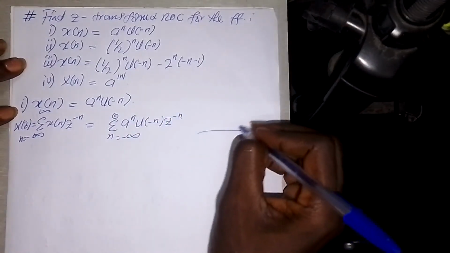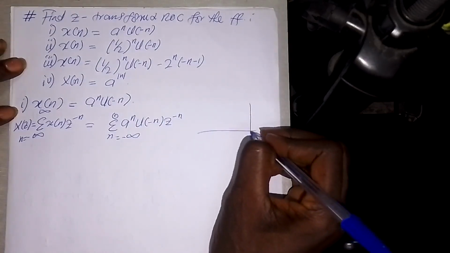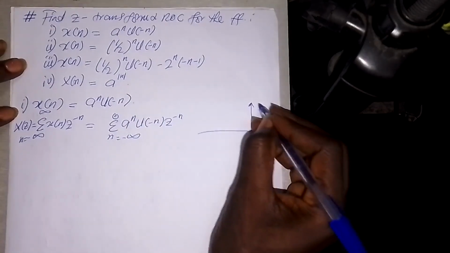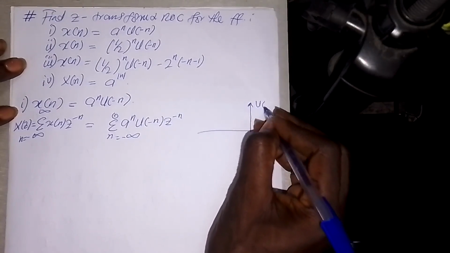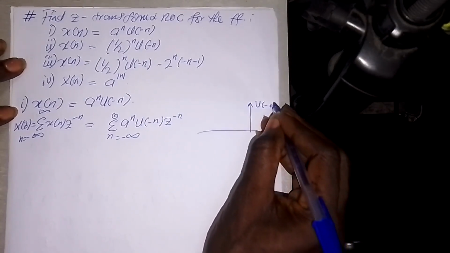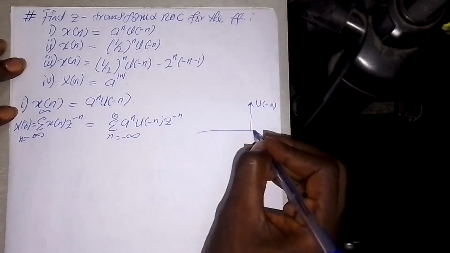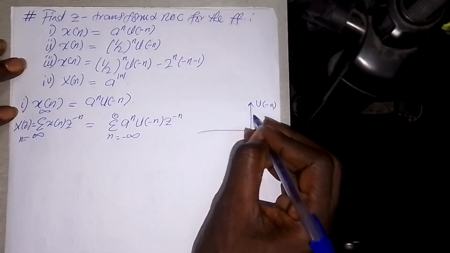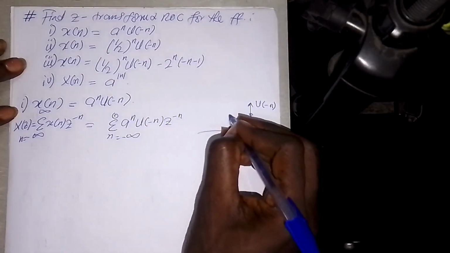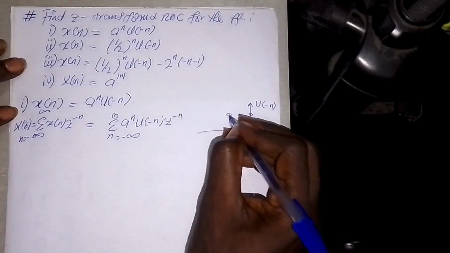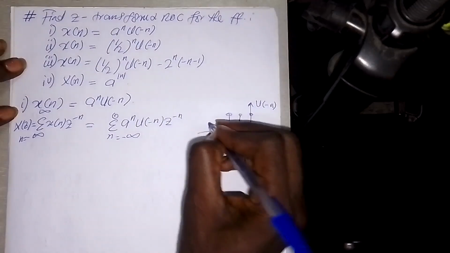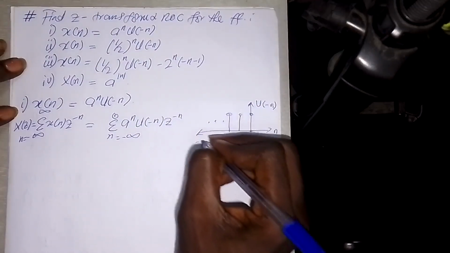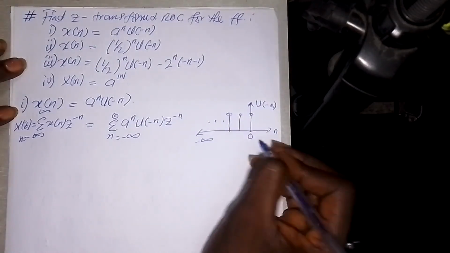So basically your sequence is like this, u of minus n. Here you have your n. So u of minus n means that it is 1 here, here, here, and it goes from minus infinity up to 0.